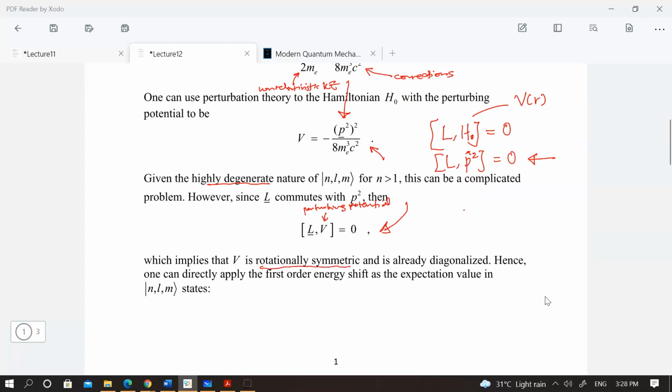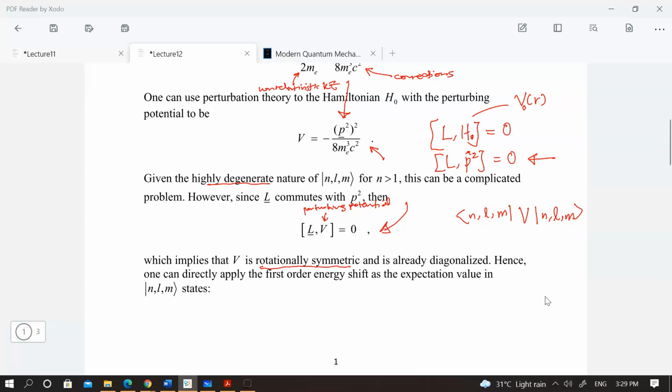So if you get the matrix element of that V, maybe I should differentiate this, say V naught over here, then you expect this will not depend on this m value.